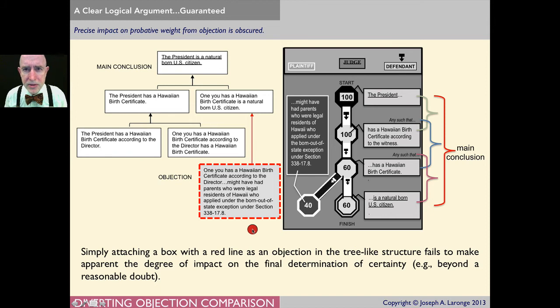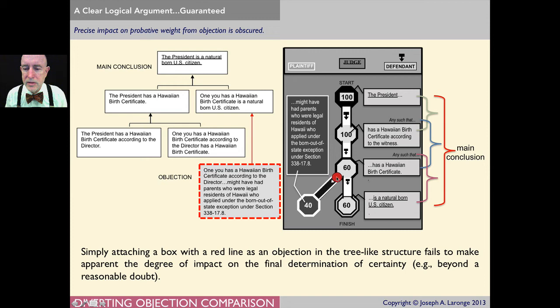Here, remember, there are 3 kinds of objections we've got: the opposing, the diverting, and the obstructing, which we've talked about previously. Here you see a diverting objection, where you've got this level of certainty coming along fine, passing through here.